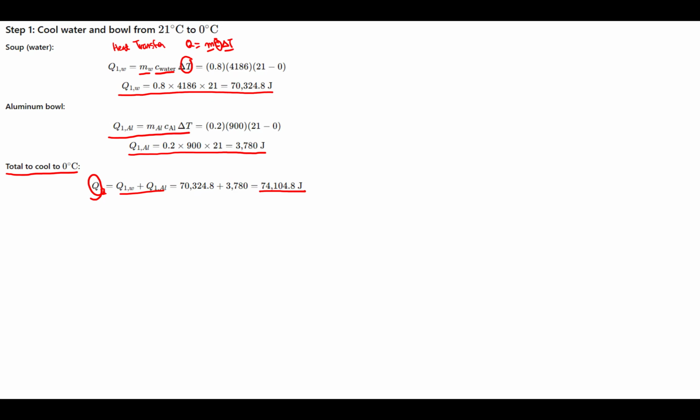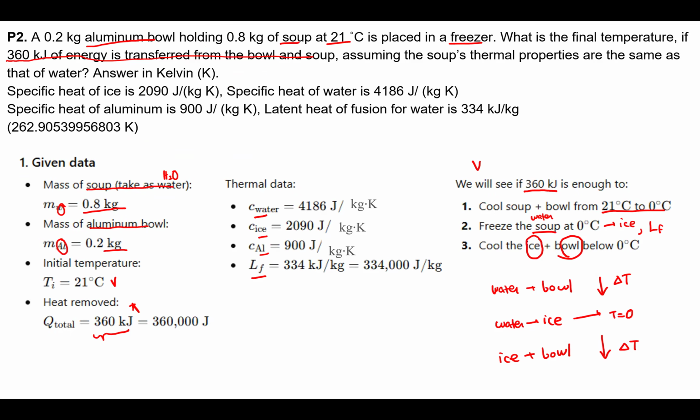And then note that we are given quite a lot of heat here, 360 kilojoules, which is 360 times 10 to the 3 joules, or 360,000 joules.